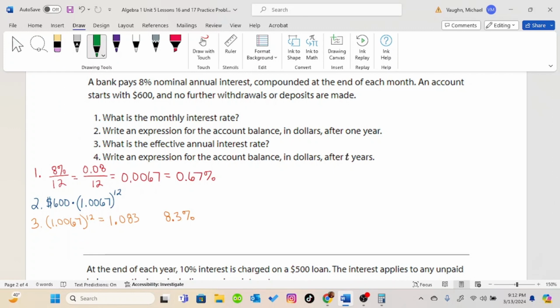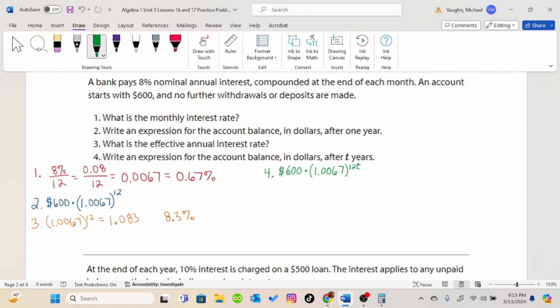And number 4, write an expression for the account balance in dollars after t years. So for number 4, all we're going to do is take exactly what we wrote in number 2, the initial $600 times 1.0067 to the power of 12, but now we're going to add t onto that.